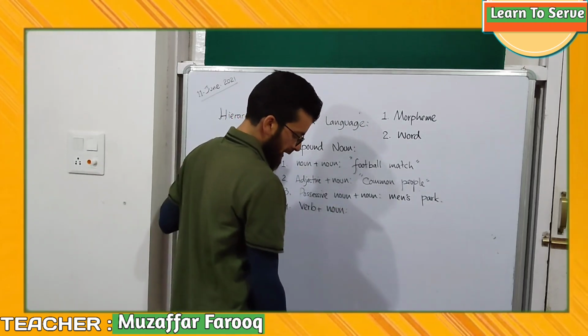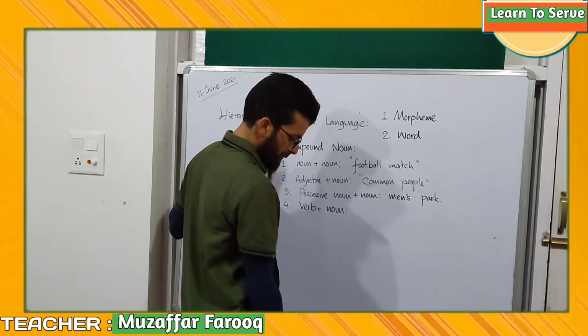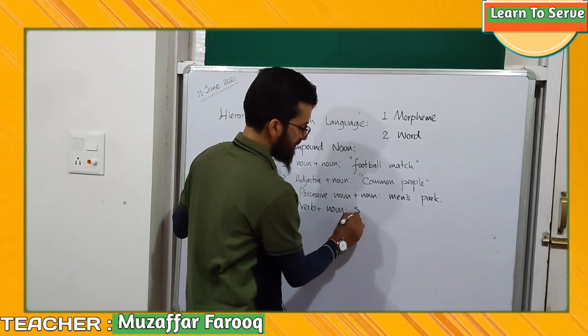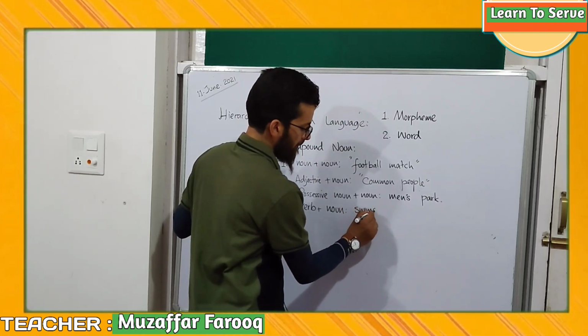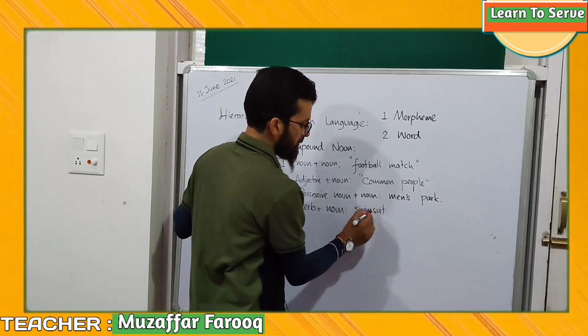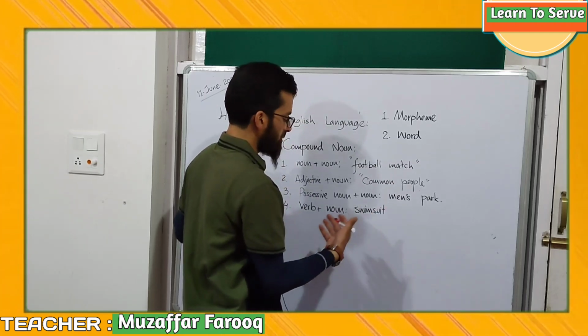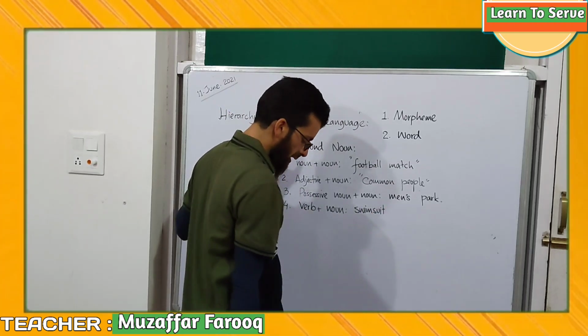For example, we have cookbook or swimsuit. Swim is verb and suit is noun, so verb plus noun is a compound noun.